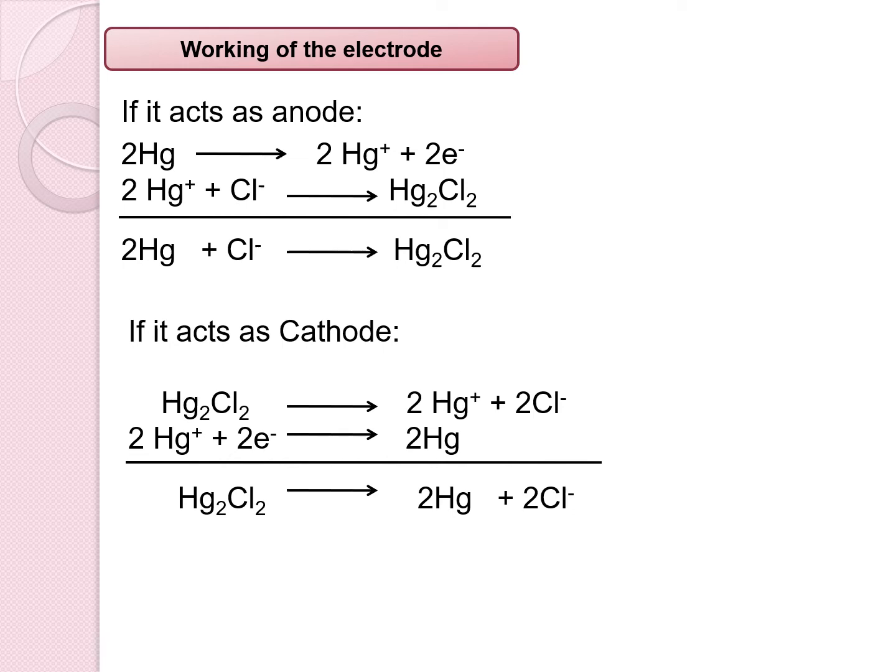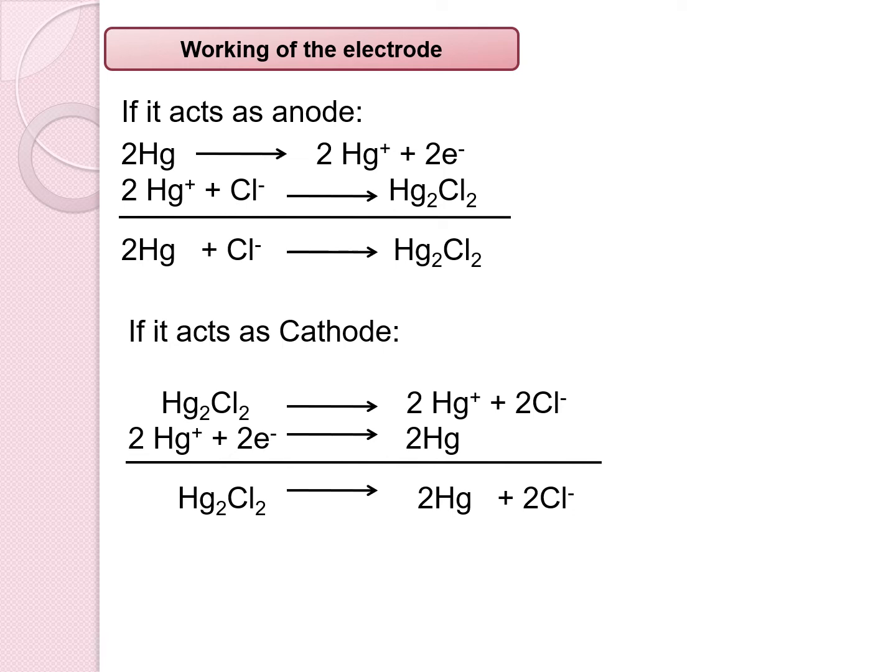In short, the concentration of mercury will decrease and mercurous chloride will increase. Now let us see if it is acting as a cathode.